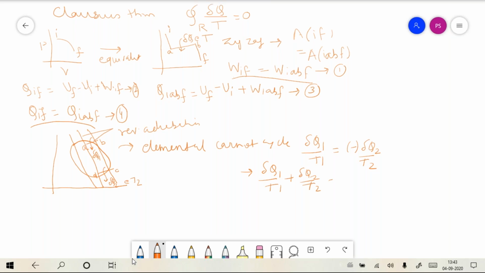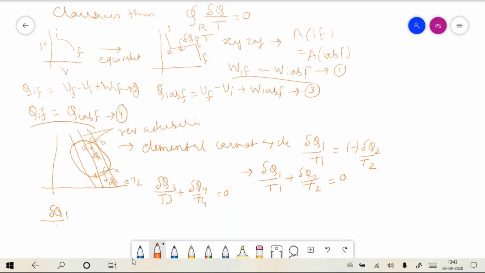Similarly, for another elemental cycle, you can write del Q3 by T3 plus del Q4 by T4 is equal to 0. Some other cycle, del Q5 by T5 plus del Q6 by T6, and so on and so forth. In other words, you can go on writing this up to infinity, and the sum becomes equal to 0.